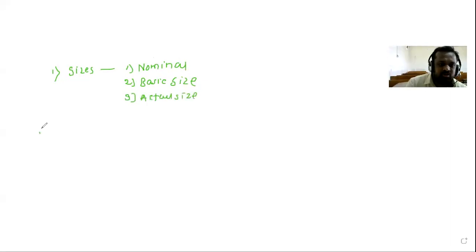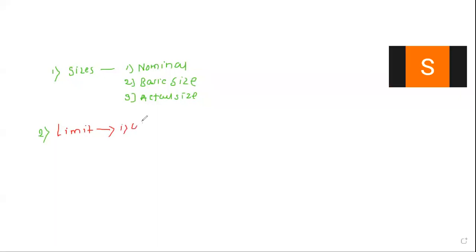Then the next point: deviation, limit. Limit has two types: upper limit and lower limit.